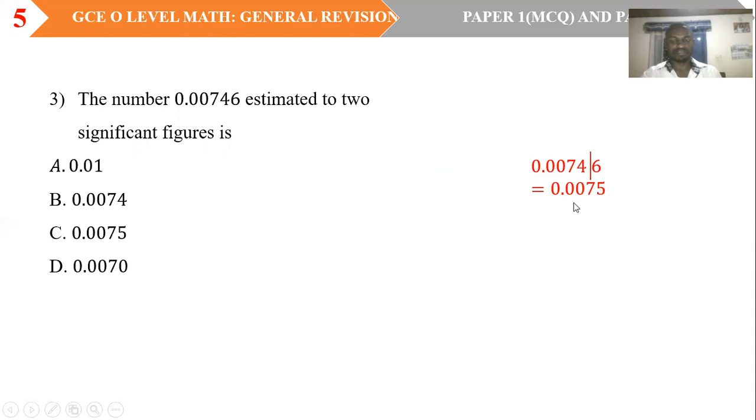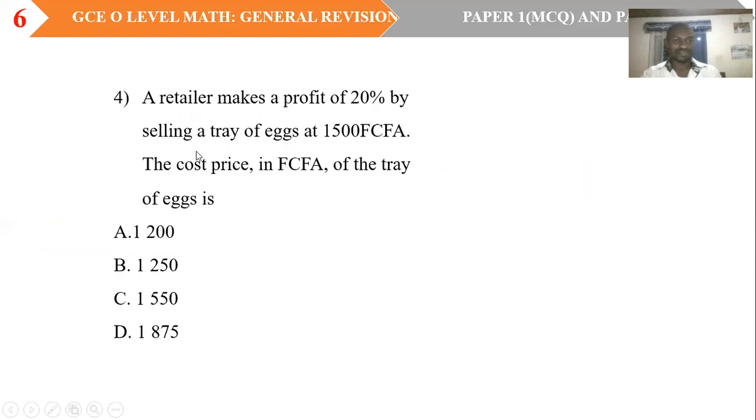The next digit is 6. Since 6 is greater than 5, we round up. And rounding up means the number now becomes 0.0075. Answer C.